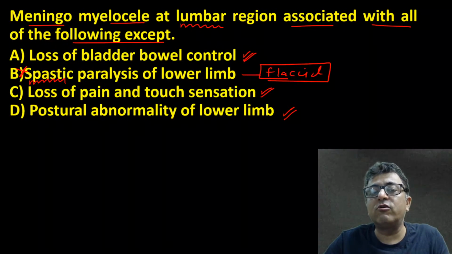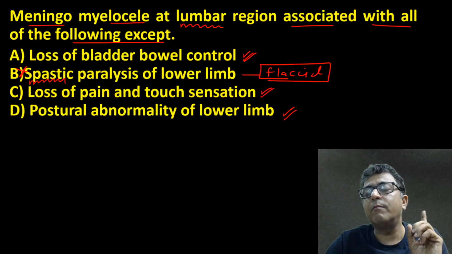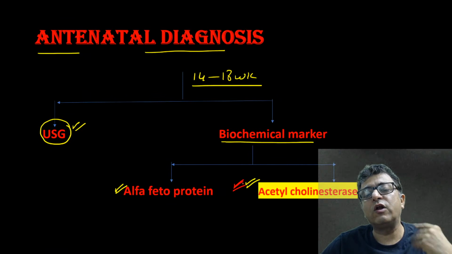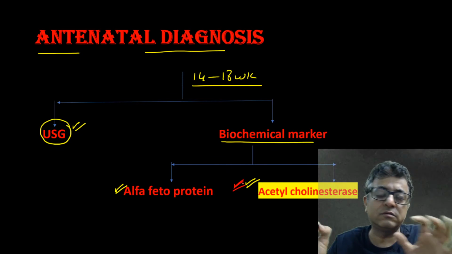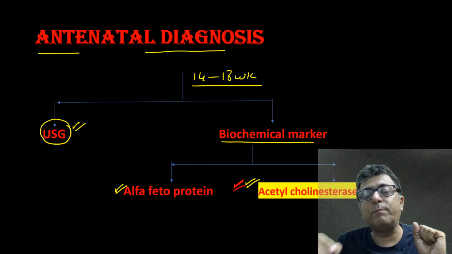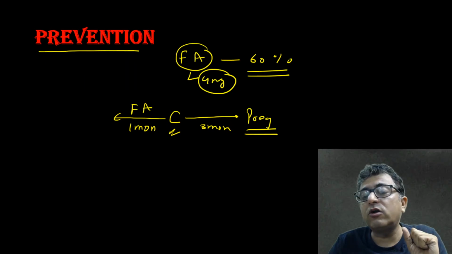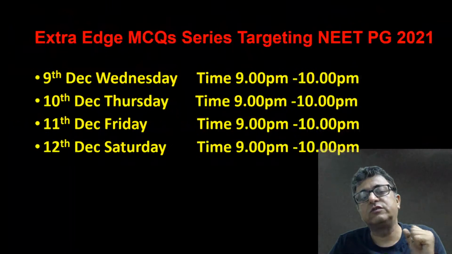The features of meningomyelocele when it is present at the lumbar and sacral region, and acetylcholinesterase as a marker for neural tube defect. These questions come repeatedly in various competitive exams. So you should know about neural tube defect. It's a simple topic but has a lot of questions.